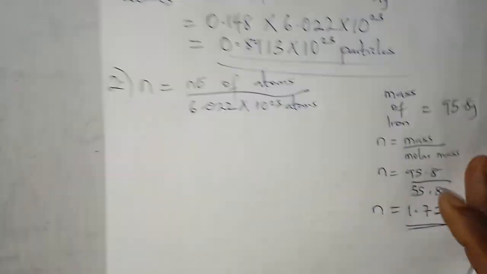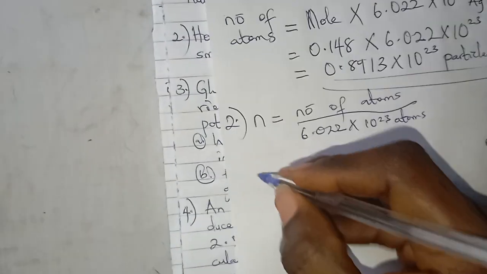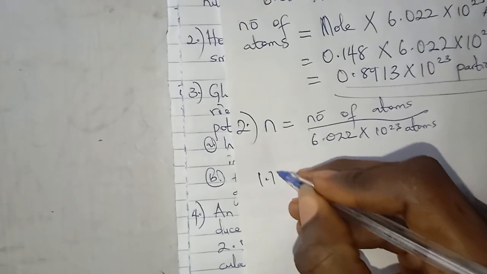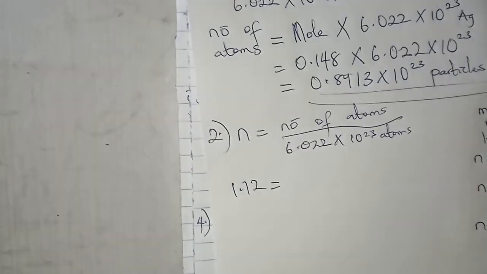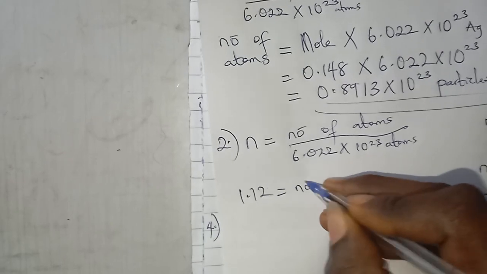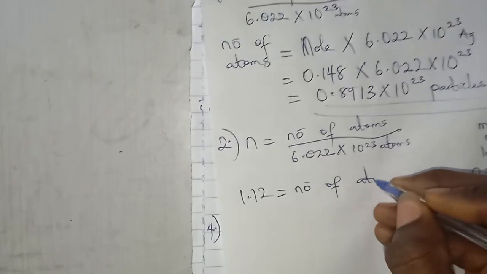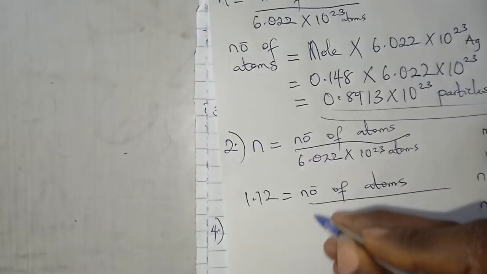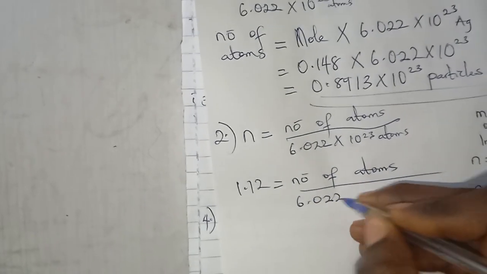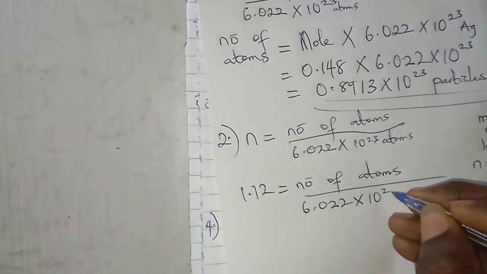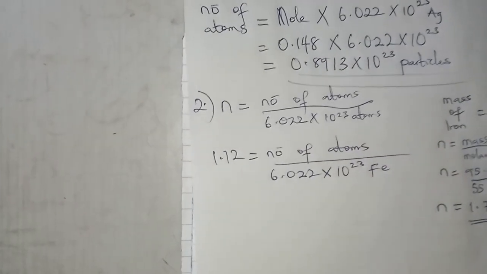This is what I need. Now carry what you've gotten here and substitute for mole, so that I have 1.72 equals number of atoms over 6.022 times 10 raised to the power 23. That is the number of atoms of iron I'm looking for.